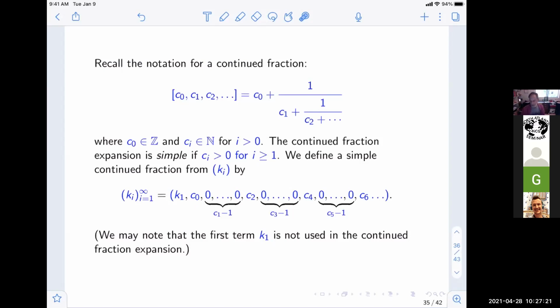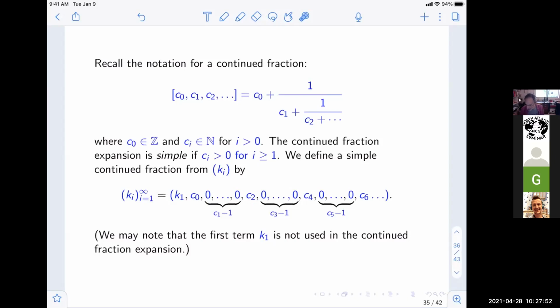So we let C1 be one more than however many zeros there are following K2. So starting with K3, count how many zeros you have until you get a non-zero term in this sequence. Then add 1 to that, and we call that C sub 1. And then C sub 2 is the next entry, that non-zero entry there.